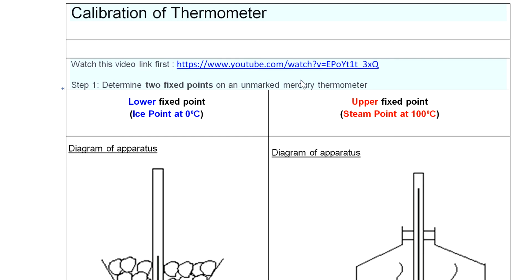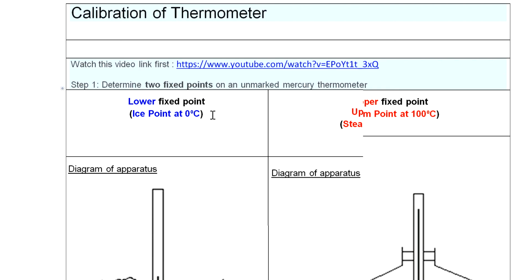fixed points on the unmarked mercury thermometer, and these two are the lower fixed point or ice point and the upper fixed point or steam point. Students, you can also call it capital X with subscript 0.